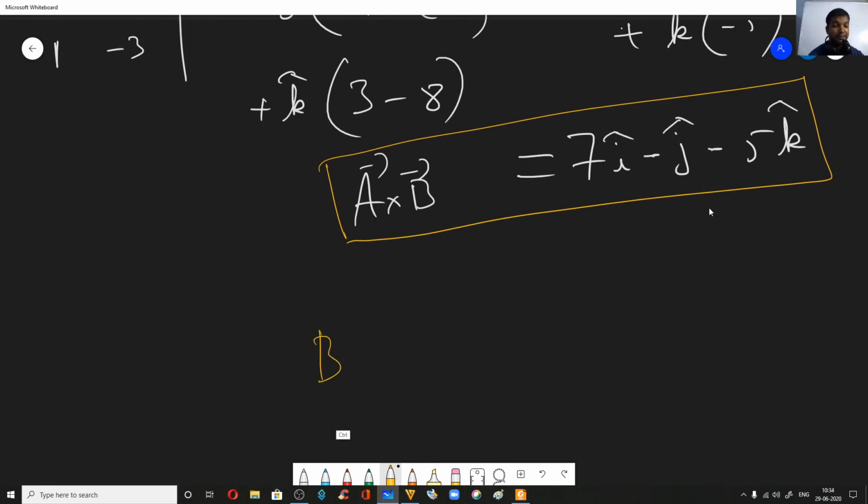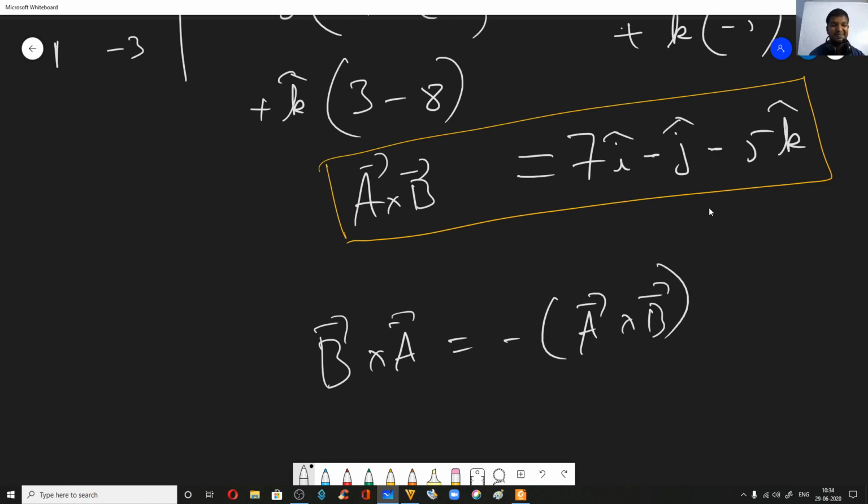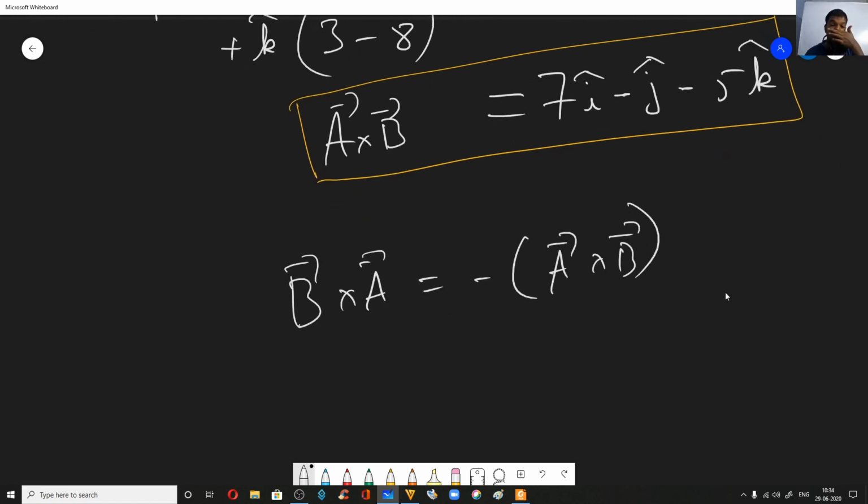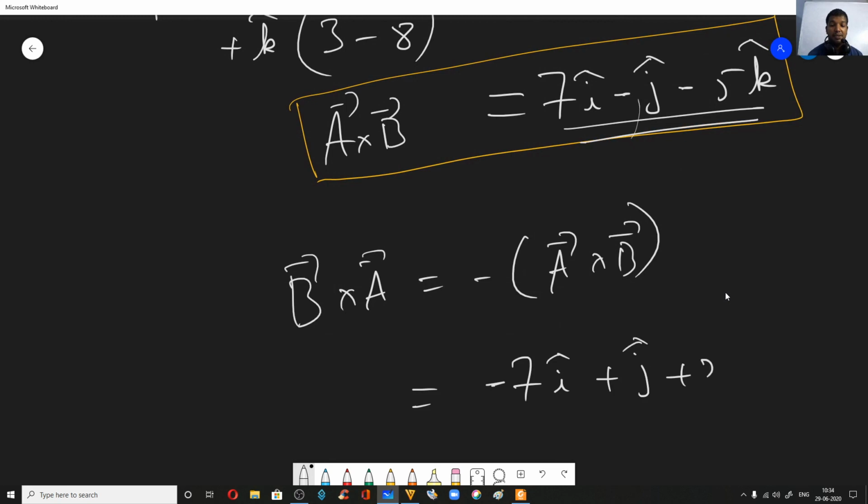Now we know that b cross a will be negative of a cross b. Since this a cross b itself is a vector, b cross a will be minus 7 i cap plus j cap plus 5 k cap. So this is what you get.